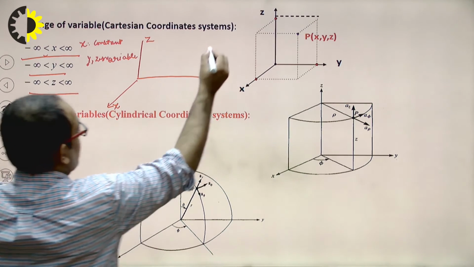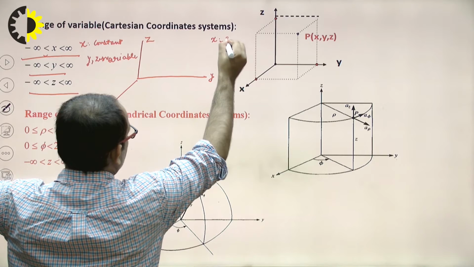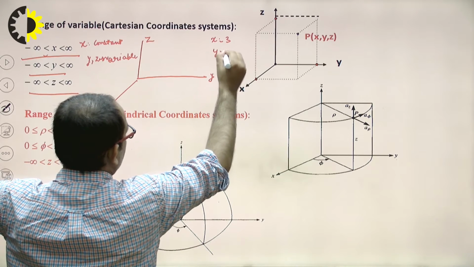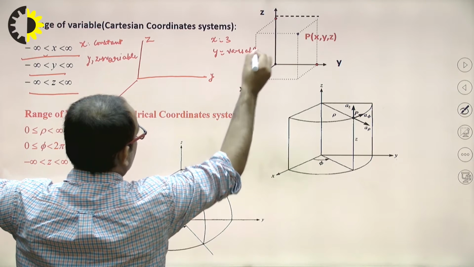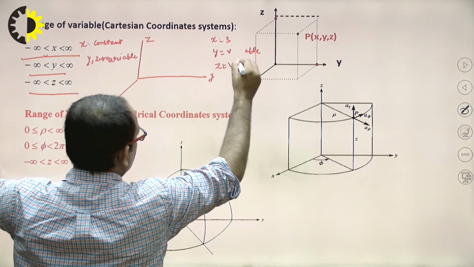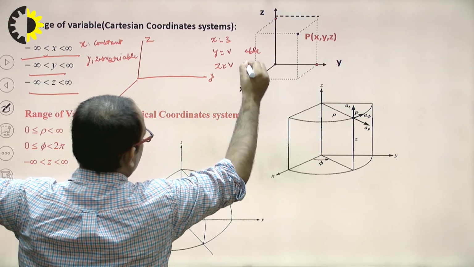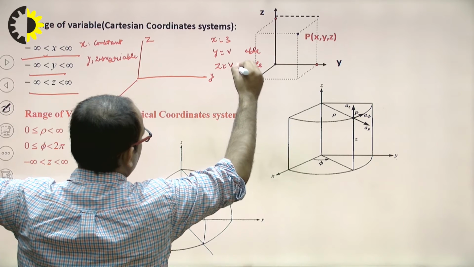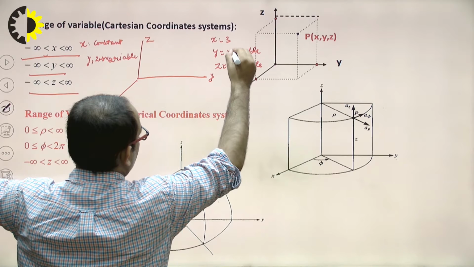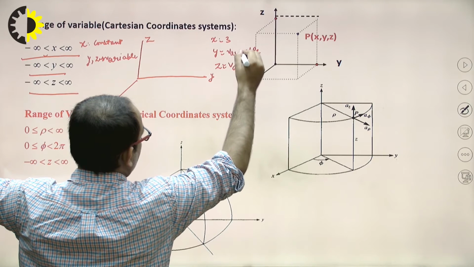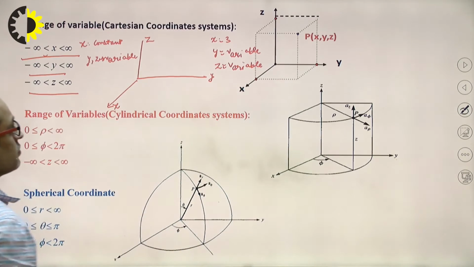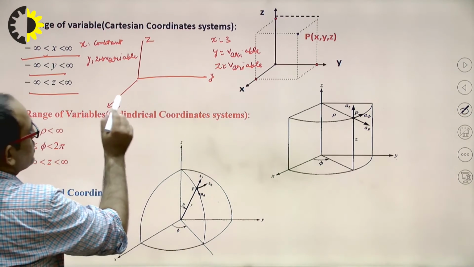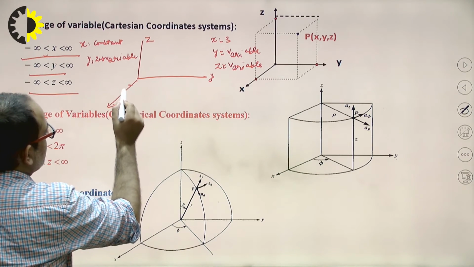If I say x equal to 3, y is variable and z is variable. Now you will see that x is equal to 3. It means somewhat 1, 2, 3.